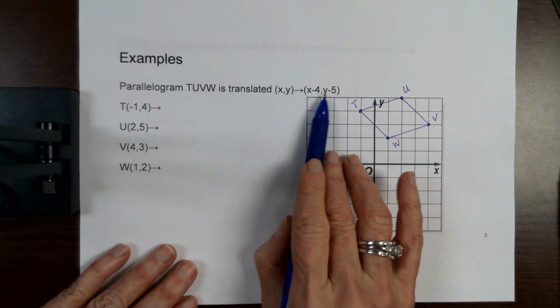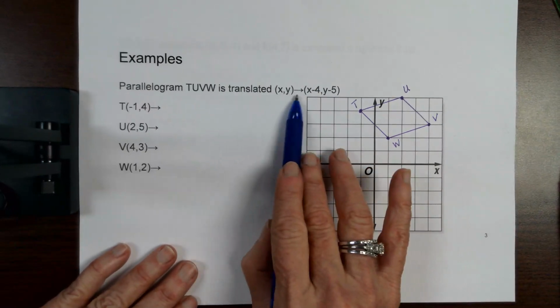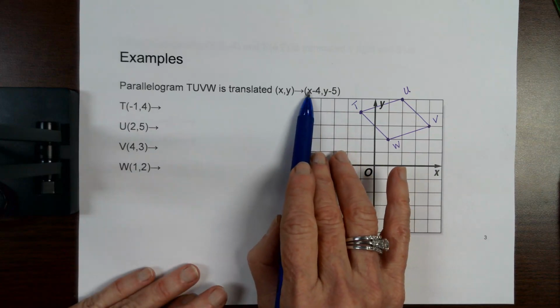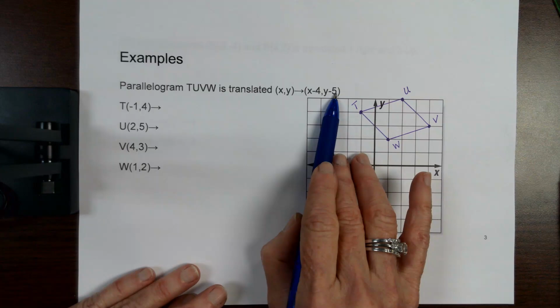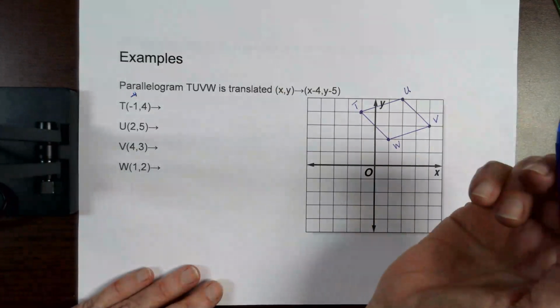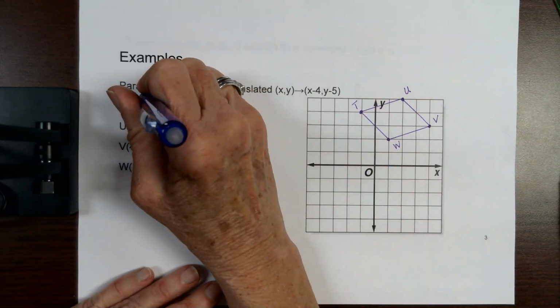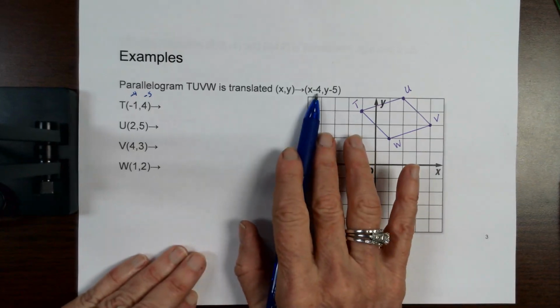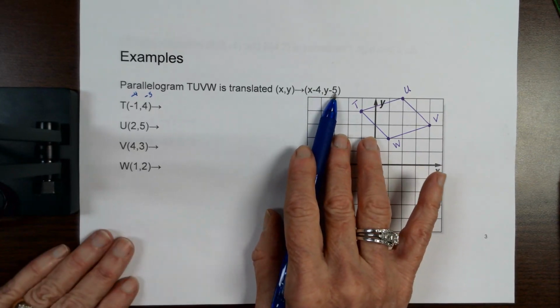Okay? Now, notice how this doesn't tell you left 4 and down 5. It says x minus 4 and y minus 5. So what I'm doing is I'm adding a -4 to my x, and I'm adding a -5 to my y. That tells me it went left 4 and it went down 5.